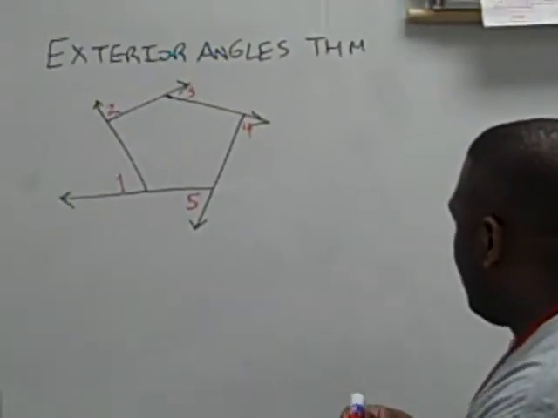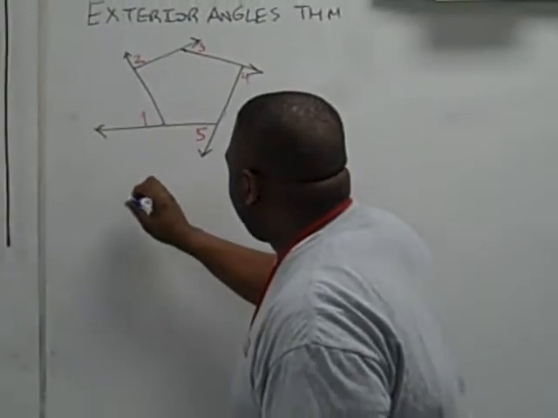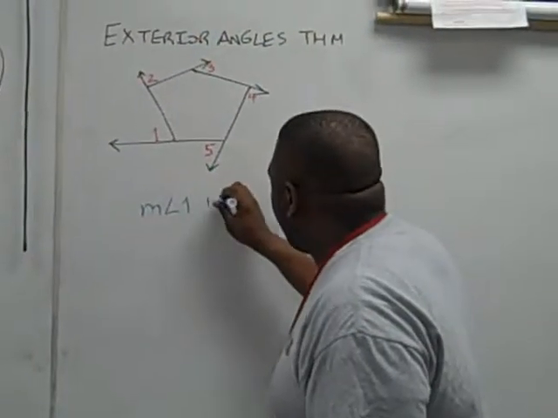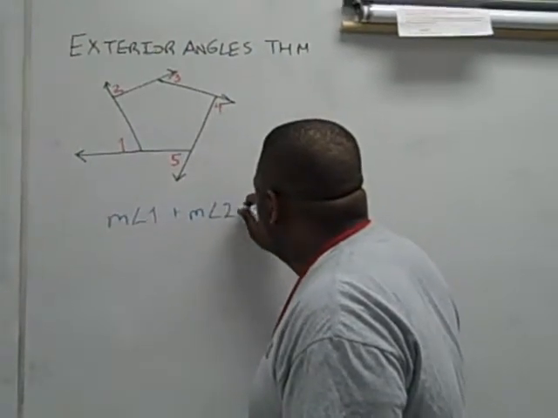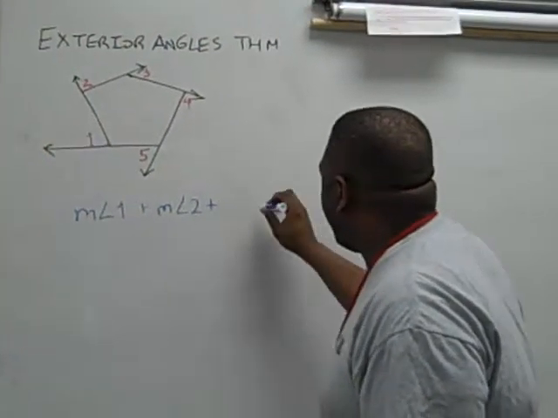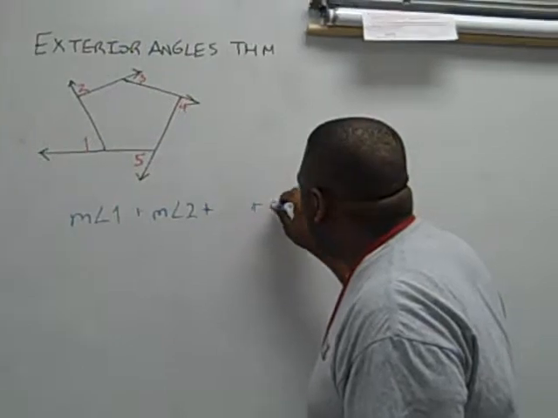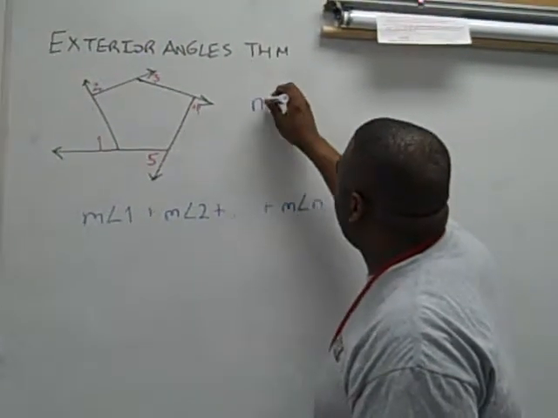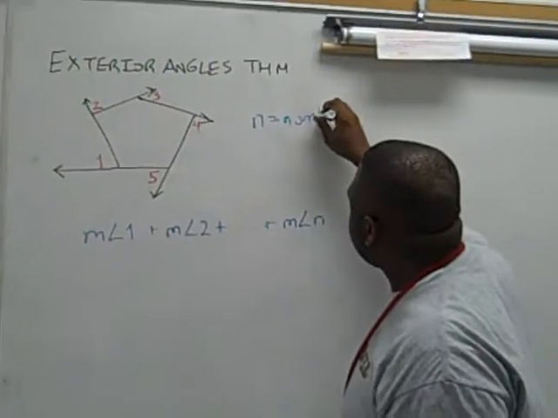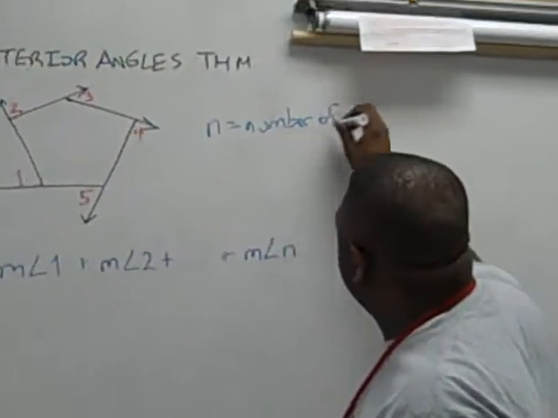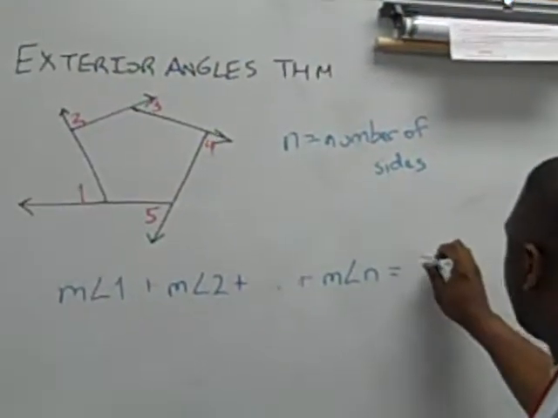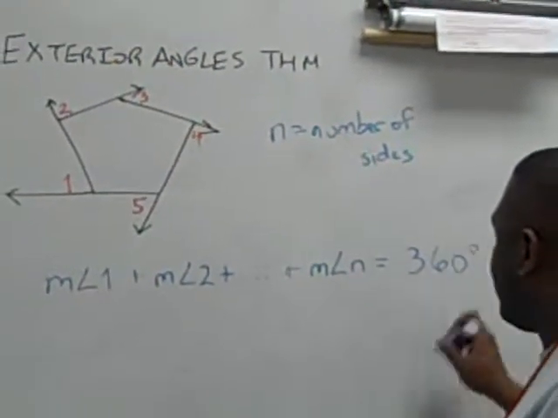To do that, all you have to remember is that the measure of angle 1 plus the measure of angle 2 plus all the way until you get to the last measurement, which we'll call n, because we'll say n is the number of sides, equals 360 degrees.